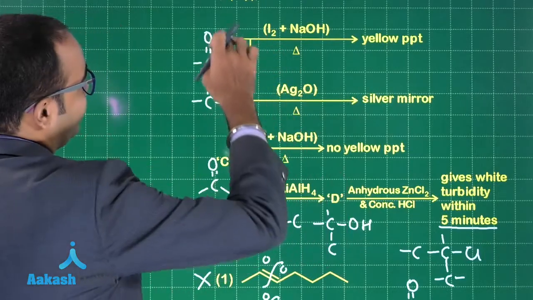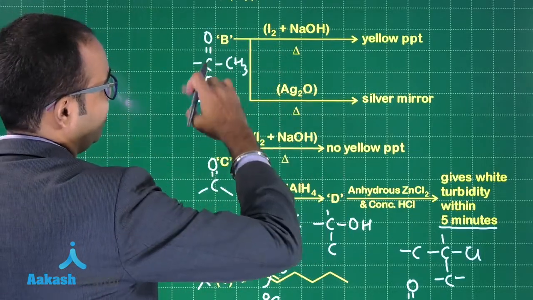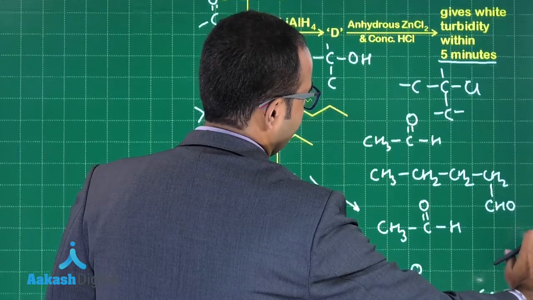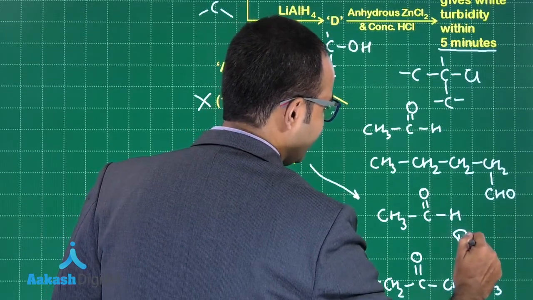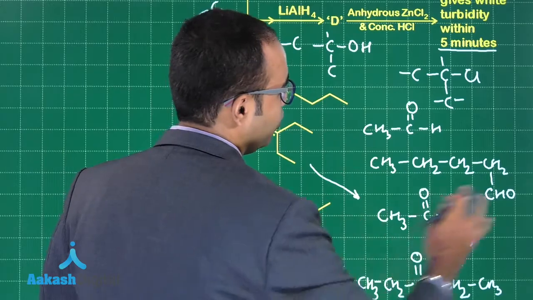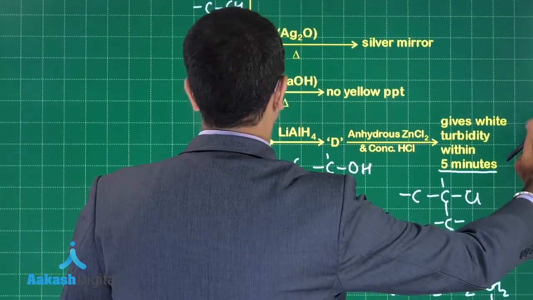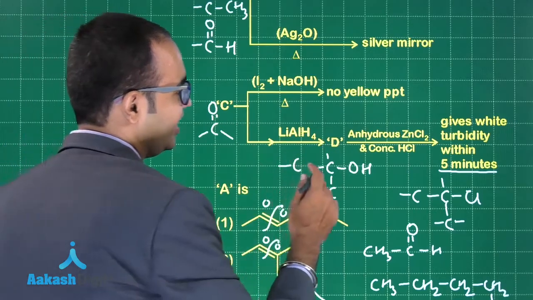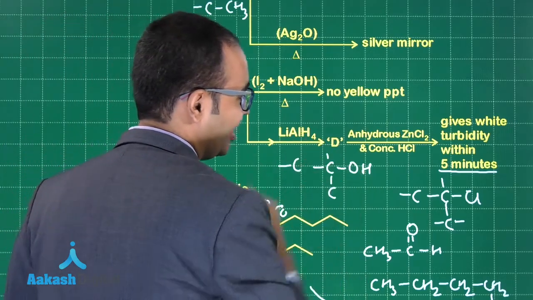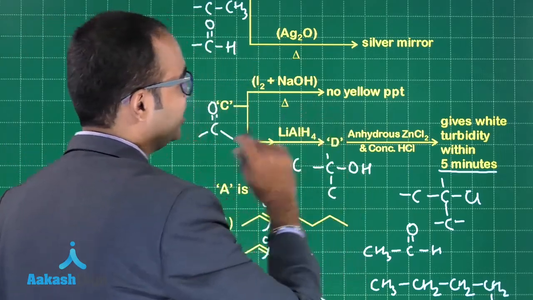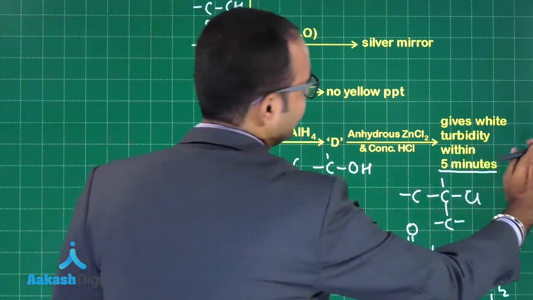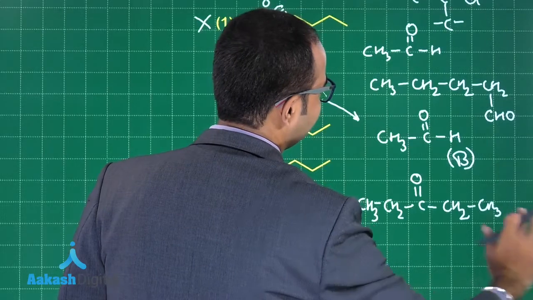Okay. So let us look at what we have done earlier. B will contain a COCH3 group, B will contain a CHO. So this can be your B. What about C, guys? C is a ketone, right? And C is also giving you a secondary alcohol which is not having a COCH3 group, right? So does this satisfy the answer?